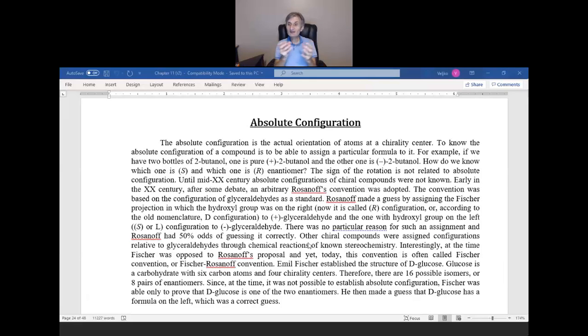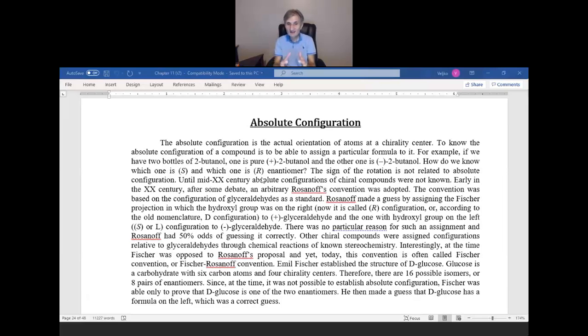Anyway, if we can assign configuration to each enantiomer, so if you know which is which, because sign of rotation, plus or minus, is not related to the configuration R or S. So if we have plus 2-butanol, for example, and minus 2-butanol, one is R, the other one is S. We don't know which is which. That means we know only their relative configuration.